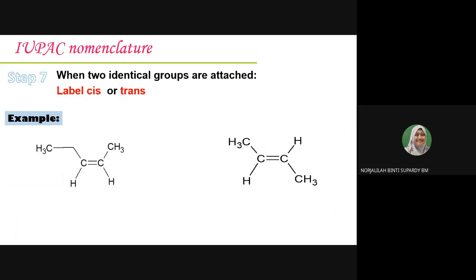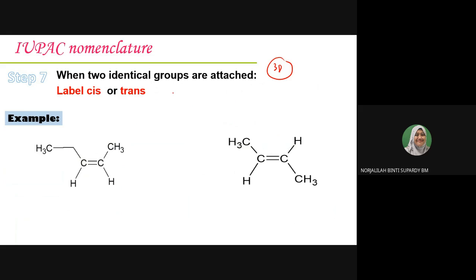So when two identical groups are attached to the carbon-carbon double bond, and it has the structure as shown, this is in a three-dimensional structure.